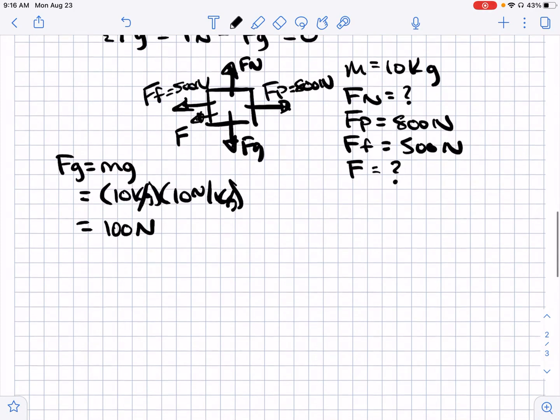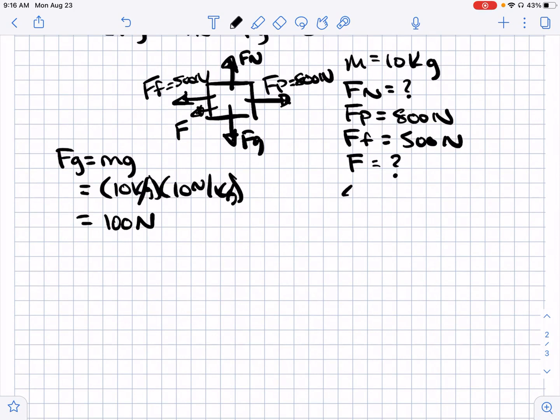And if I make my net force equations, in the x direction, in the positive direction, we have Fn. Oops, that's the y direction. So let's start with the y. So in the y direction, we have normal force minus the weight, and that has to equal 0.